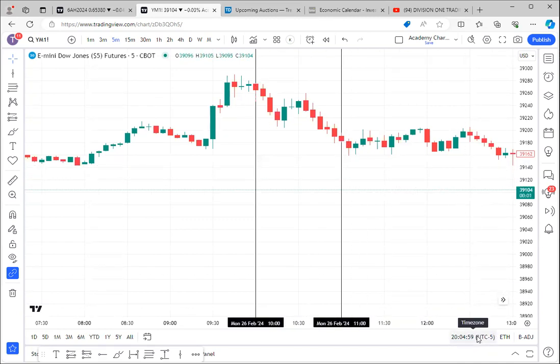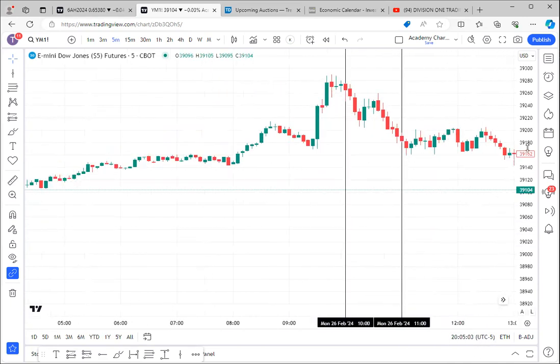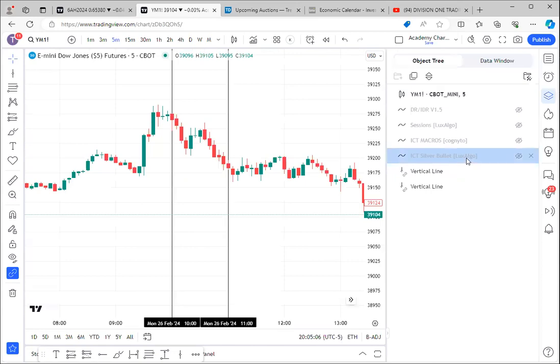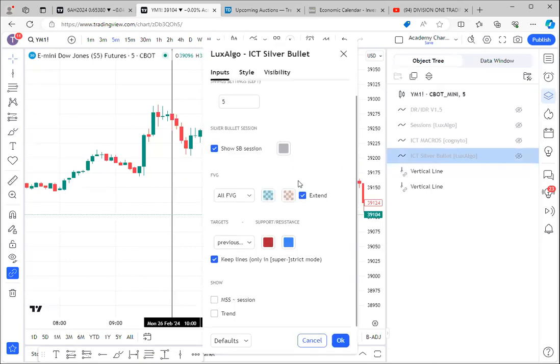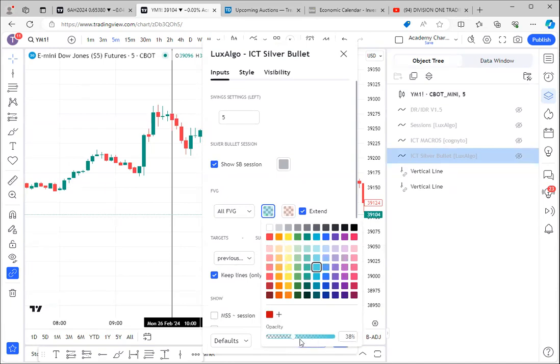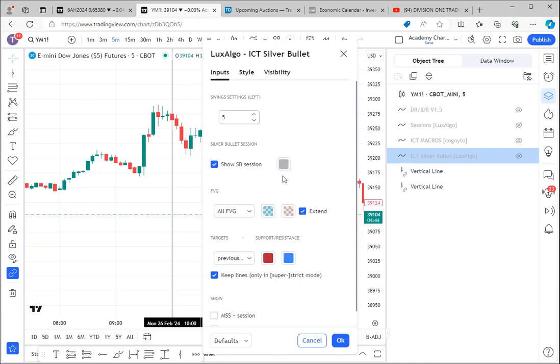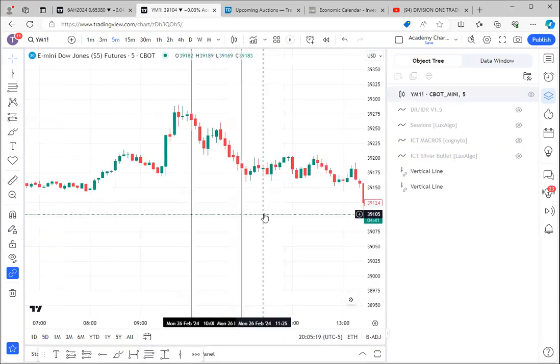Now you have to set your time zone to New York time. That way you know that you're using the right time. Another little tip on the silver bullet indicator is just make sure that these are turned up as far as the percentage on them. That way you can see them real good.